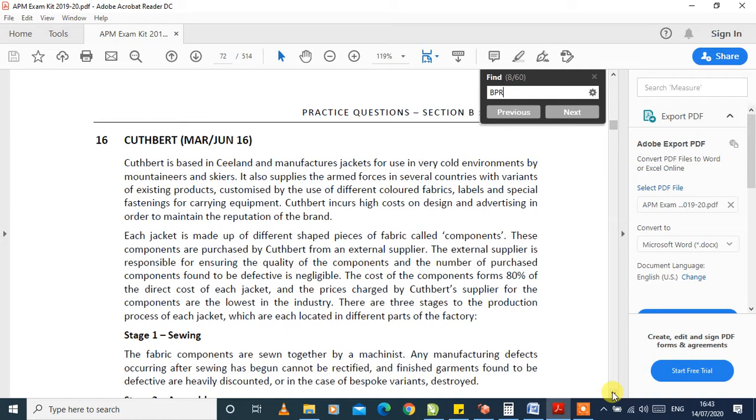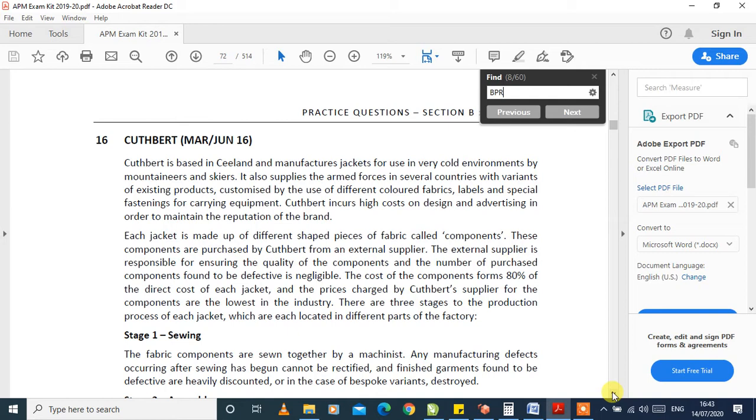Each jacket is made up of different shaped pieces of fabric called components. These components are purchased by Cuthbert from an external supplier. The external supplier is responsible for ensuring the quality of the components, and the number of purchased components found to be defective is negligible. The cost of components forms 80% of the direct cost of each jacket, and the prices charged by Cuthbert's supplier for the components are the lowest in the industry.